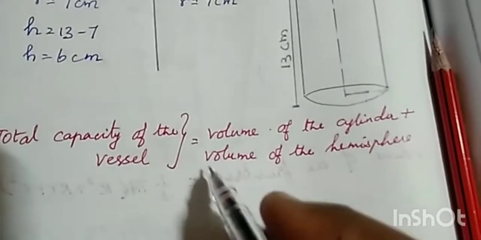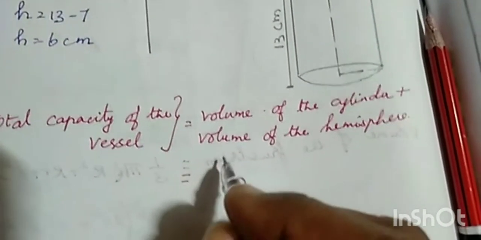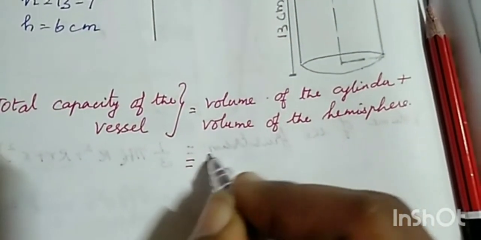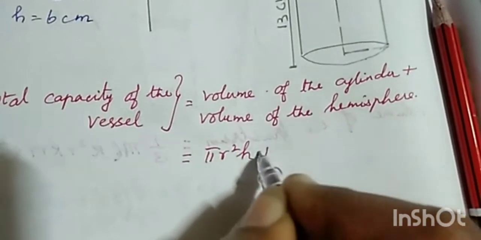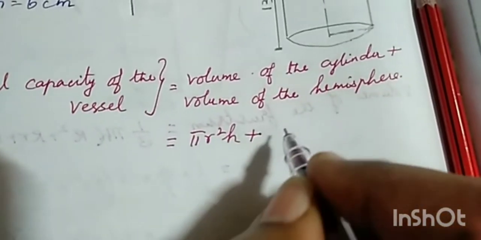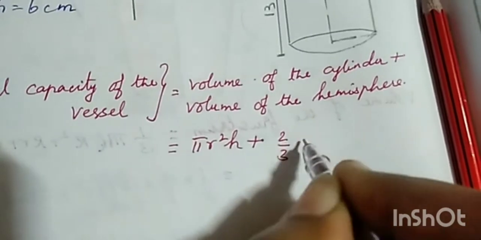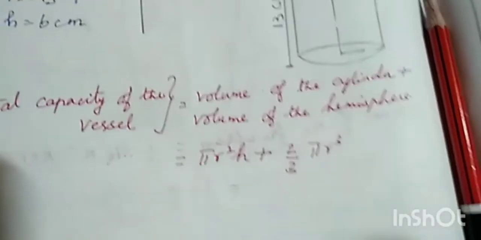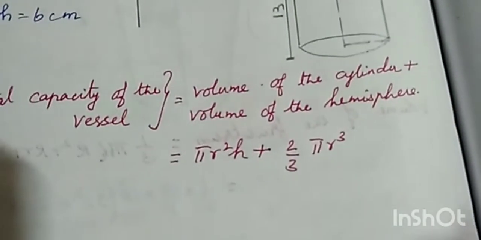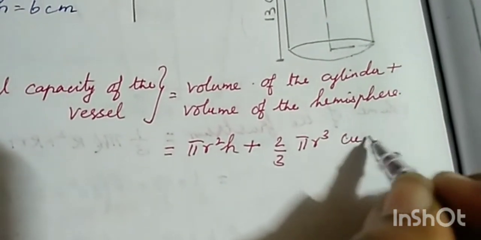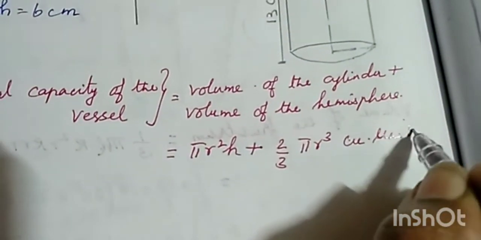Now volume of the cylinder formula will be pi r squared h, plus volume of the hemisphere formula will be 2 by 3 pi r cube. If we add both the volumes, we will be getting the total volume of the vessel, in cubic units.